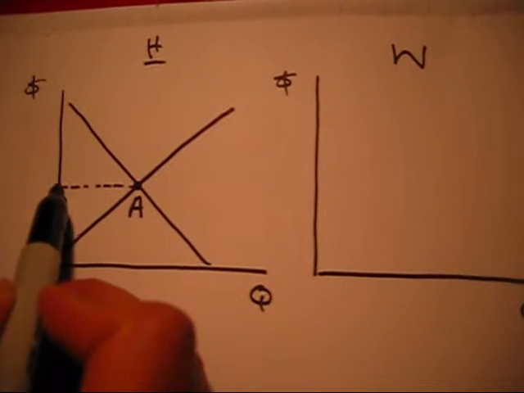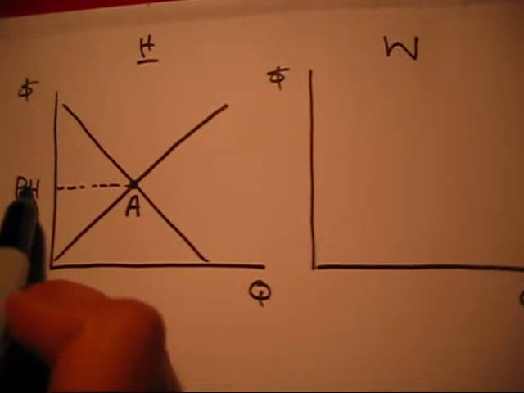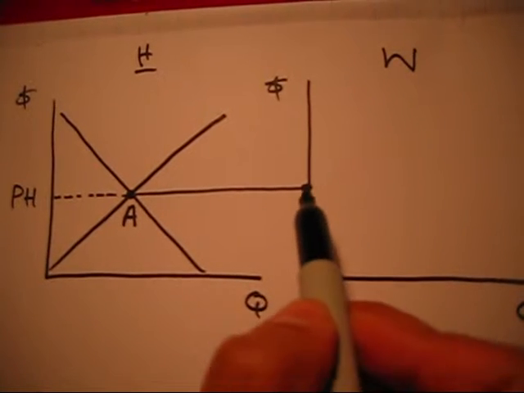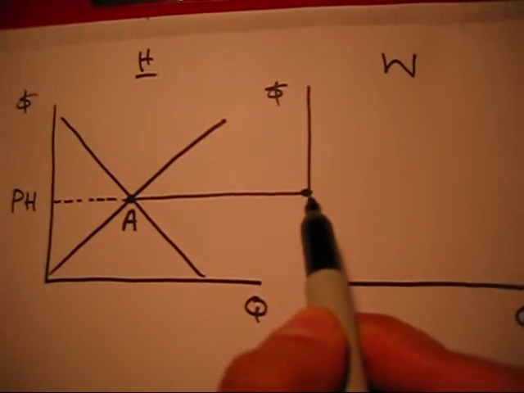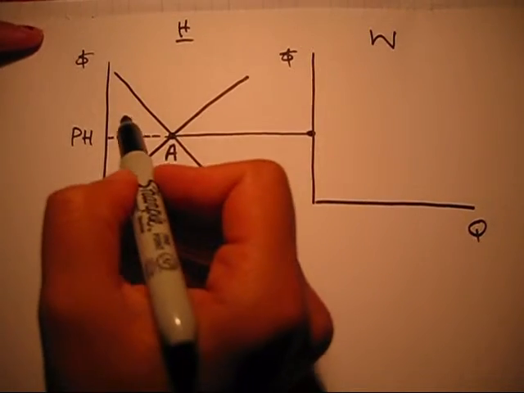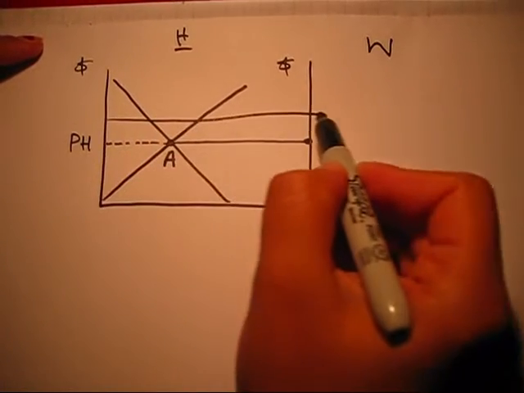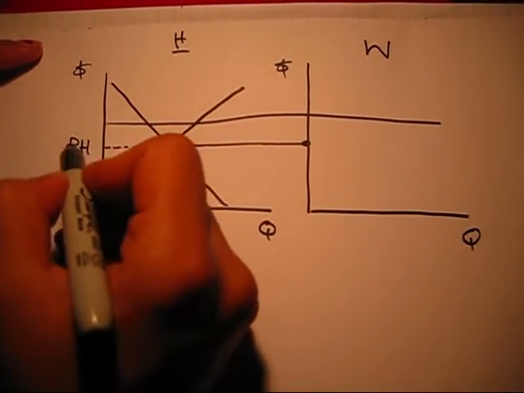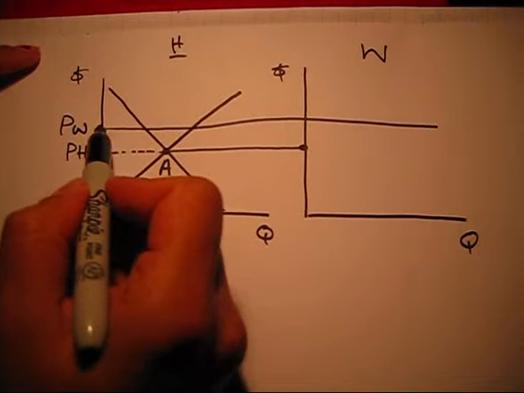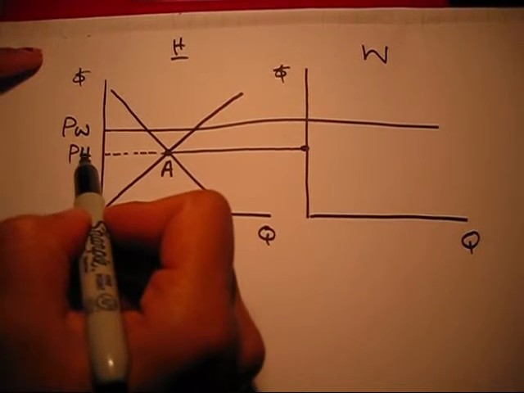This is home price, PH. There is going to be no trade between the home country and the world. So this point would be on 0. And let's say the world price, PW, is above the home price. It means world prices are higher than the home price.